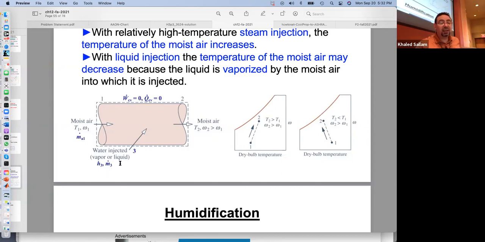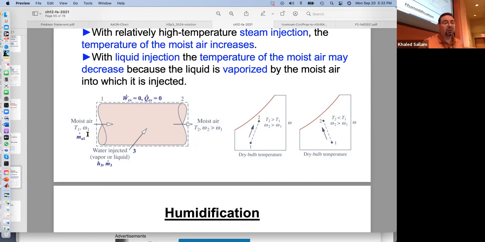So those two things are related to the outcome. Playing with m dot 3, what will it change? Come on, guys. Control what? Yes, omega 2. M dot 3 will control omega 2, right?